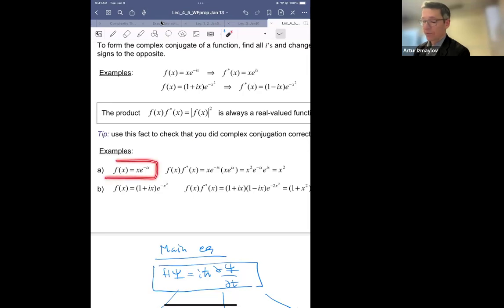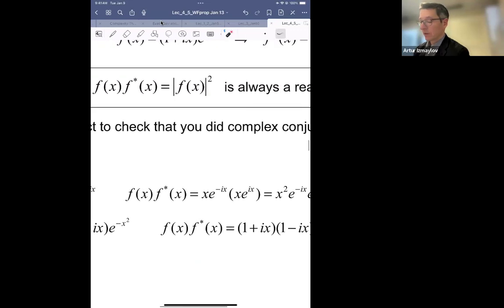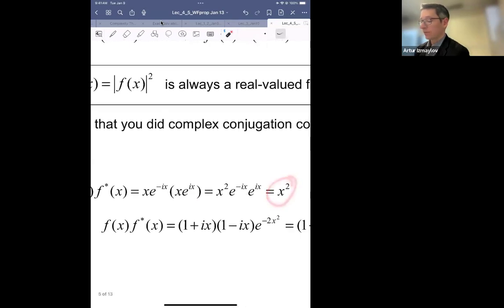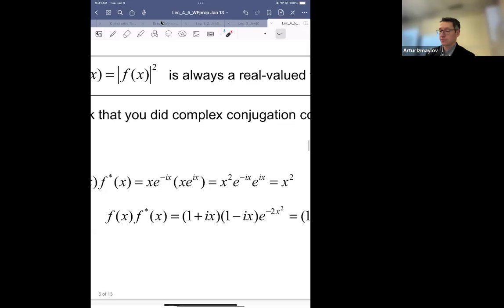And here are some examples. Again, if we take the absolute square of this function, we get a function multiplied by its conjugate, and we get just x squared. Note that very frequently we will get rid of the exponential function of i x or i something by conjugation. It's just going to become identity.